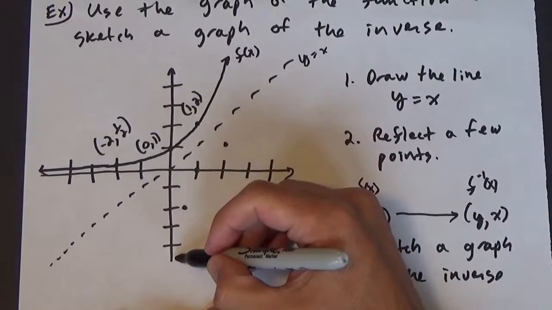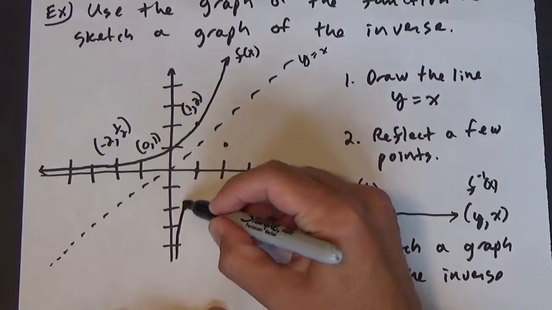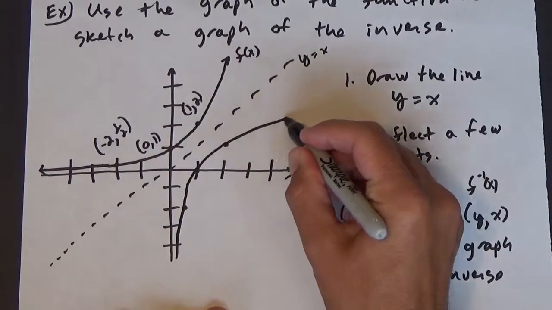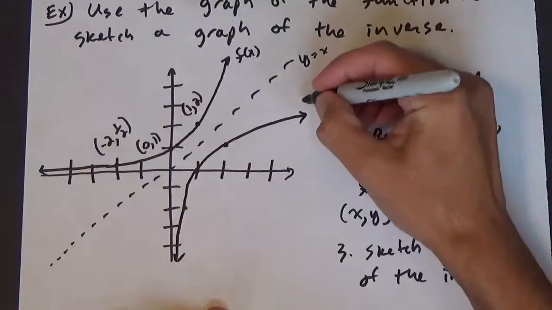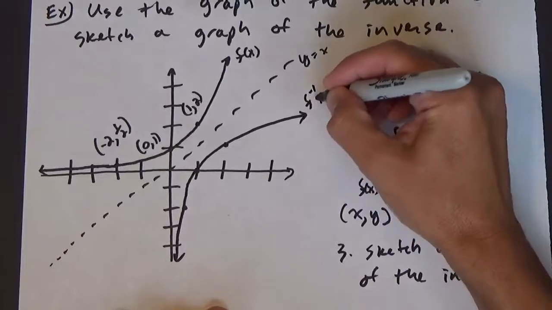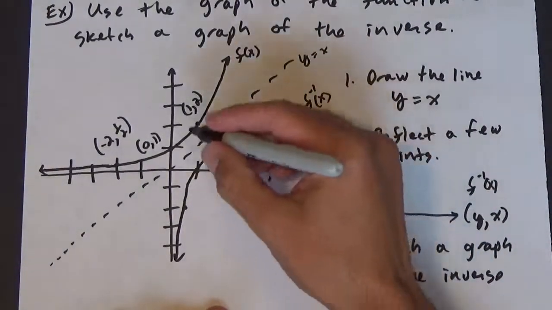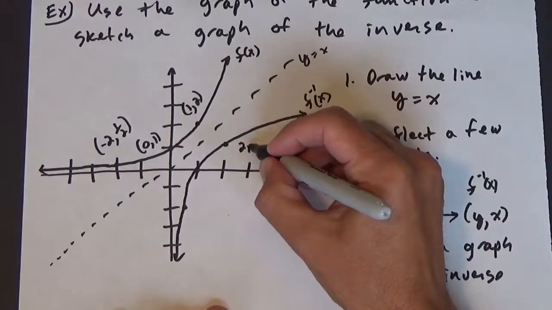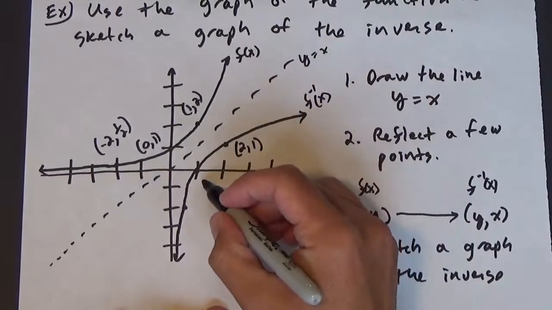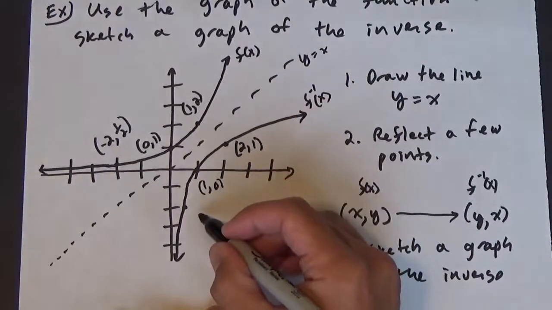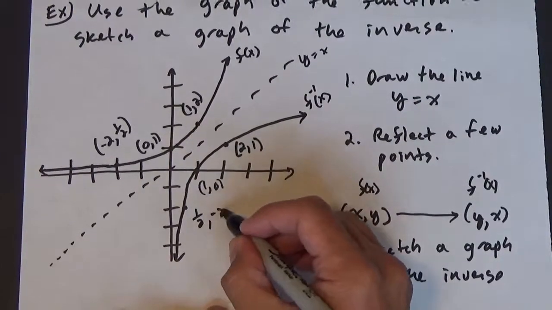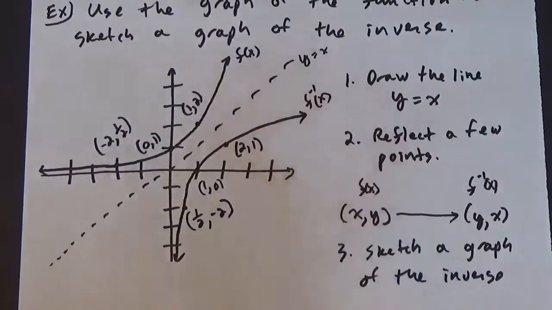So it's got to look something like this. And then let's label these points. We have 1, 2, so now we have 2, 1; 1, 0; 1/2, -2.